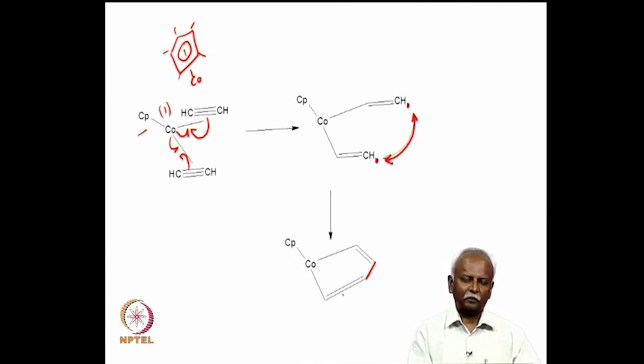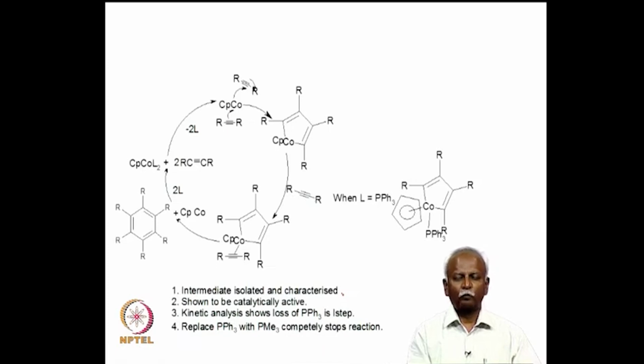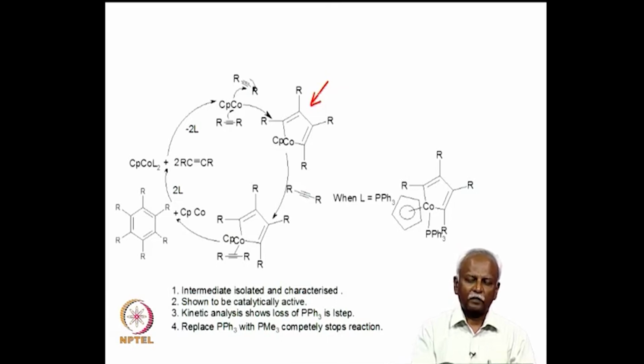So, now this metallocyclopentadiene is involved in a variety of reactions, which result in a plethora of catalytic cycles with cobalt as a key player and acetylenes as the initial reactants. Now, after the formation of the metallocyclopentadiene, this fast reaction results in the formation of a species which can interact with a third molecule of acetylene.